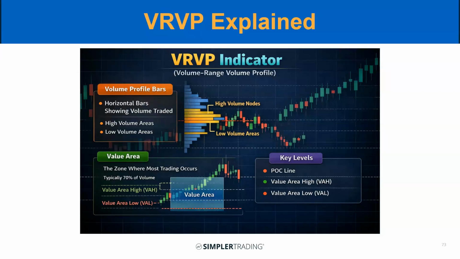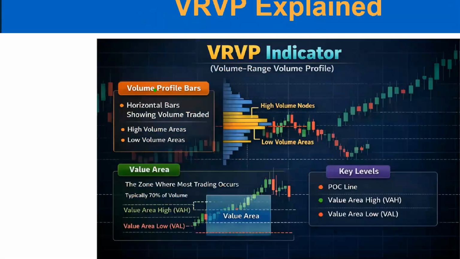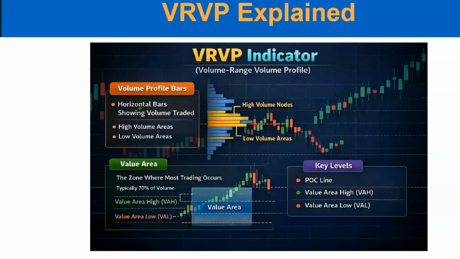And so the VRVP, let's go ahead and go over this together. Volume profile bars are horizontal bars on your chart, and I'm going to show you how to do this, showing volume traded, high volume areas, low volume areas, and the value area, the zone where most trading occurs, typically 70% of volume.